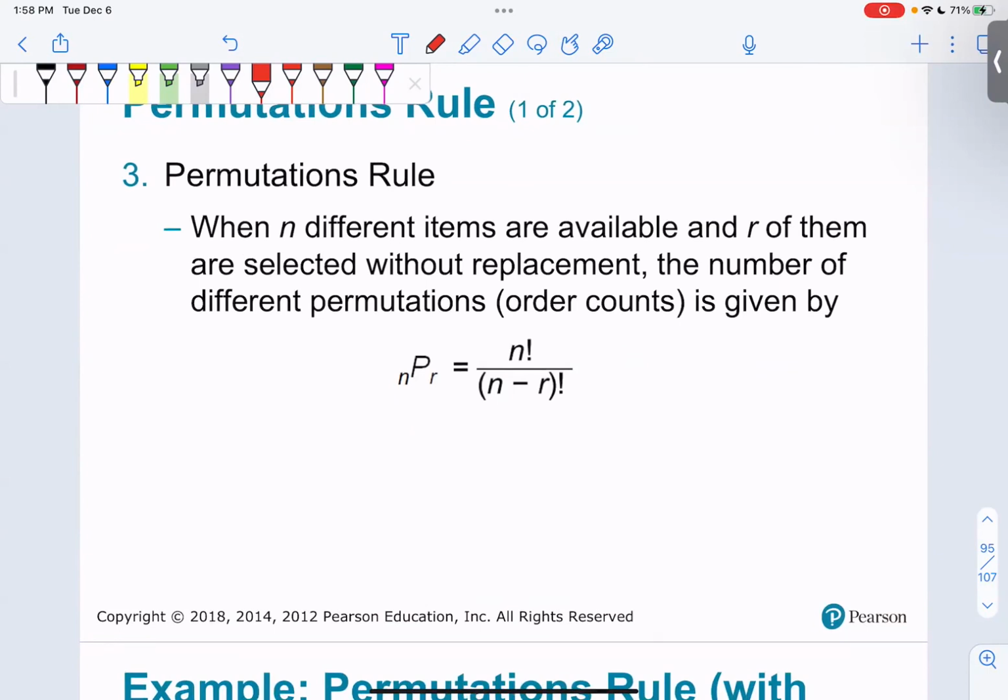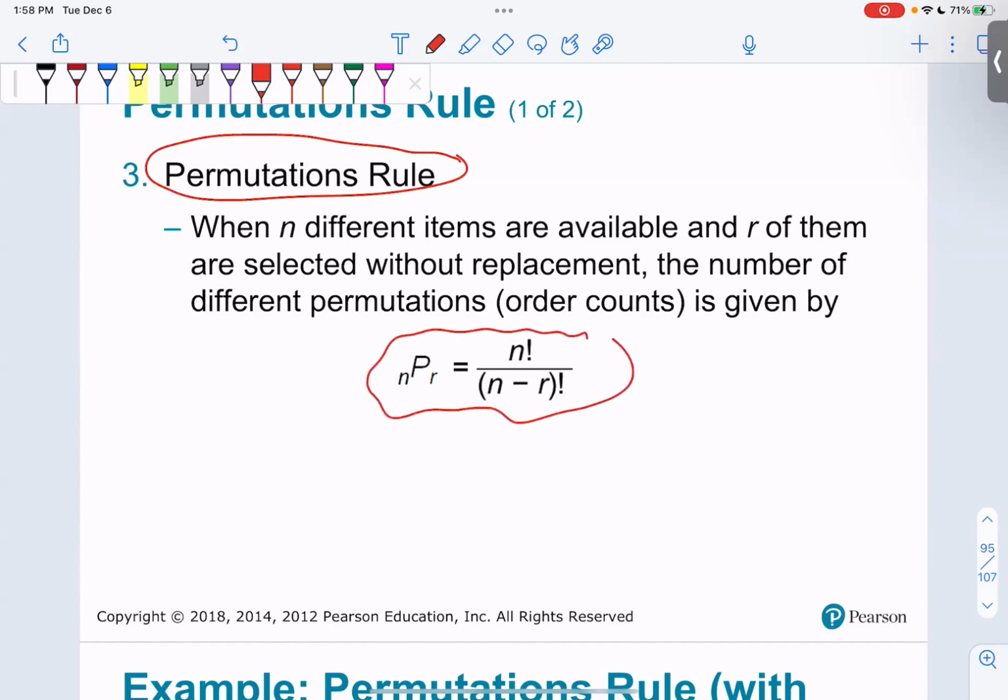So now let's start with this one. You will use this formula to select R out of N. In our question, it will be selecting 2 out of 5. It will be N factorial, which is 5 factorial, divided by 5 minus 2 factorial.